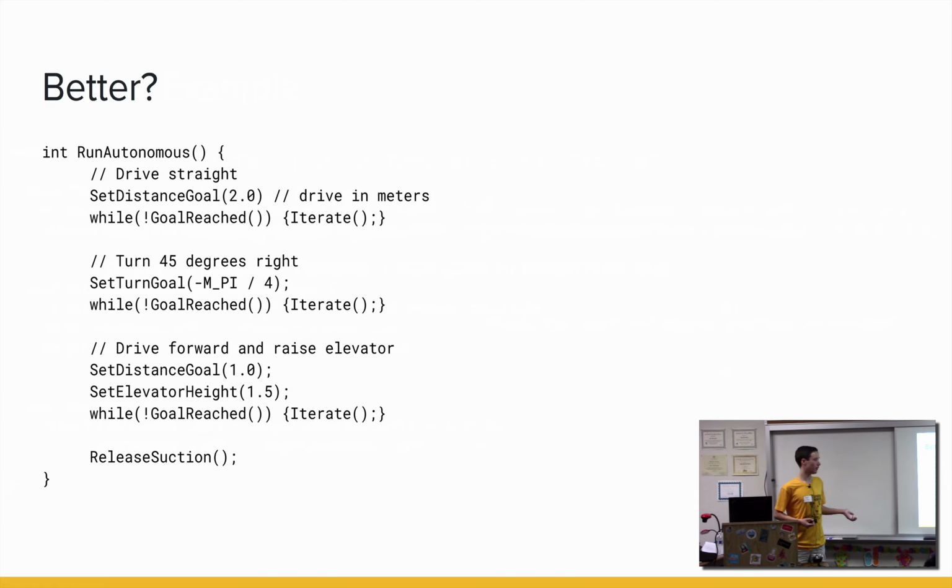So this might be a hundredth of a second, for example. Then, I didn't show this one in the class, but we could implement a method that lets you set a turn goal, and then you would wait till the robot's turned. You could also do the same with an elevator. You could set a height, and then just wait until that height's been reached with a goal reached method.